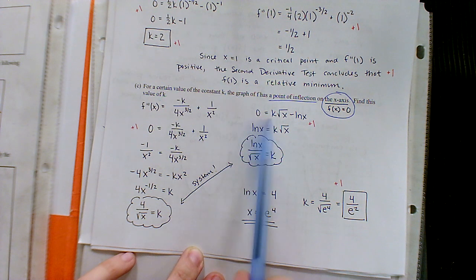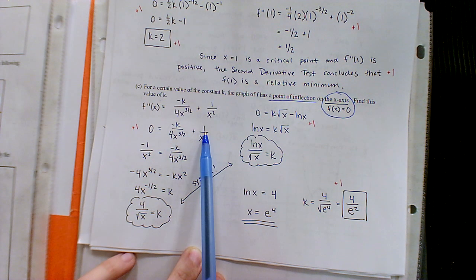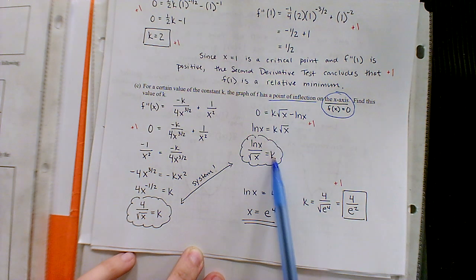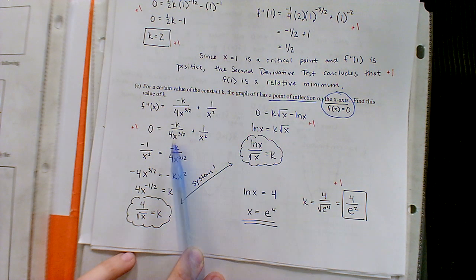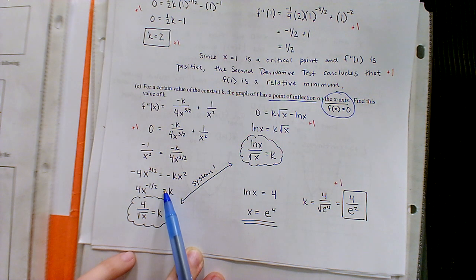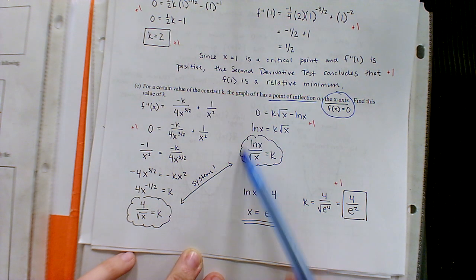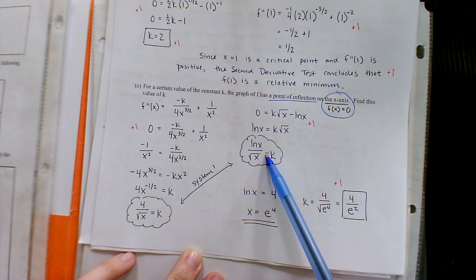So with these 2 equations, definitely elimination would not work because we can't really stack numbers or variables, so you kind of have to go the substitution route. I solved this one for k, and I actually solved this one for k as well. So if they both equal k, then this fraction and this fraction have to equal each other.